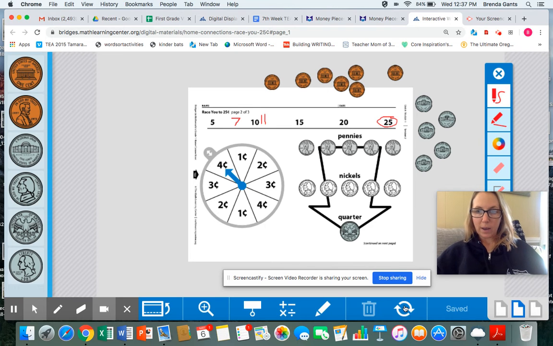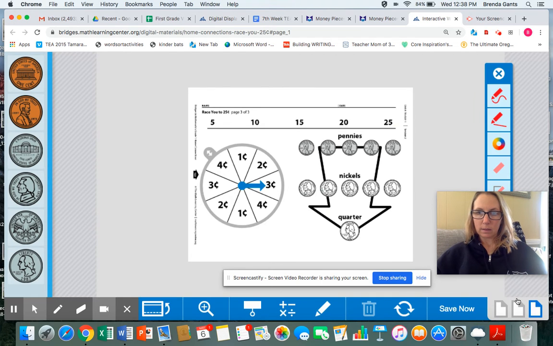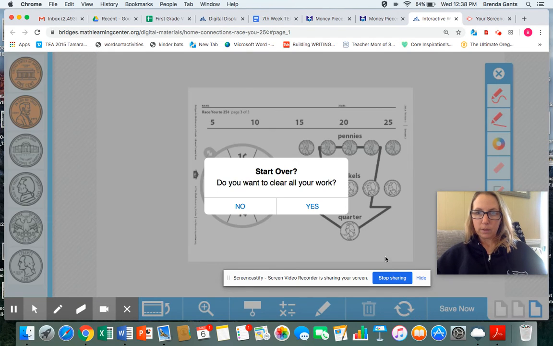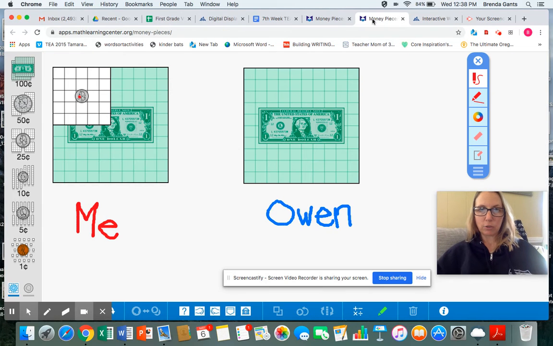Watch how I start over. Watch, I'm going to clear the whole board. Start over. Yes. But if I'm playing all the way to 100, I'm going to go here. Hold on, I'm going to erase that real quick. I have to put my eraser down before I do other things.